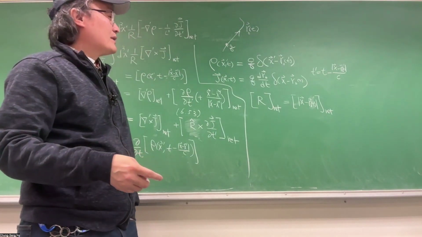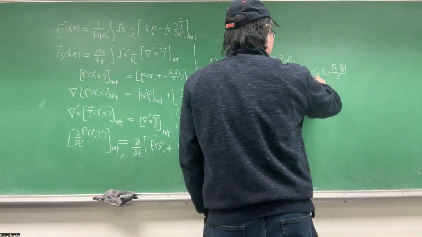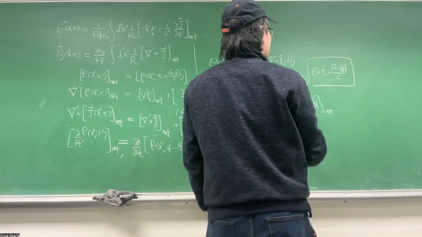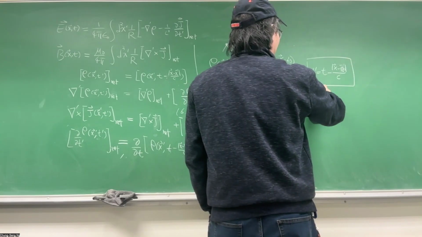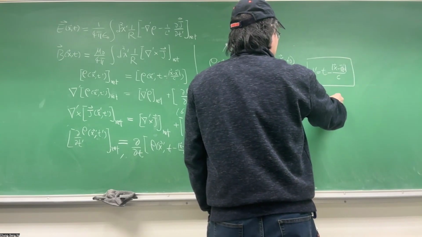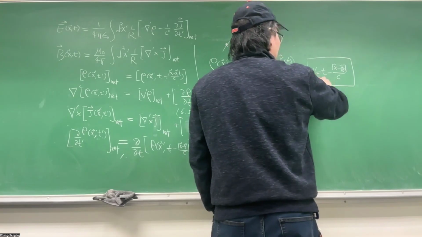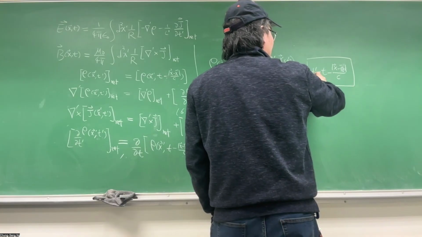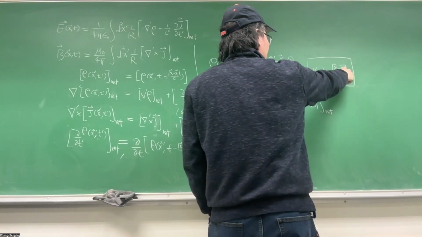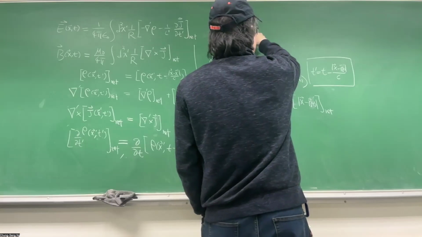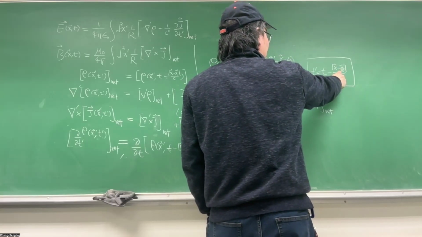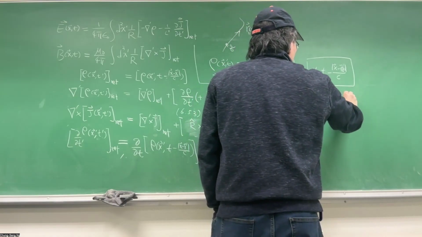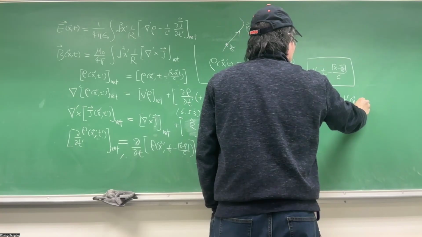What actually happens is that you need to solve this part as an equation for t prime, as a function of x and t. This becomes an equation rather than an expression, because there's a t prime in this trajectory of the particle.